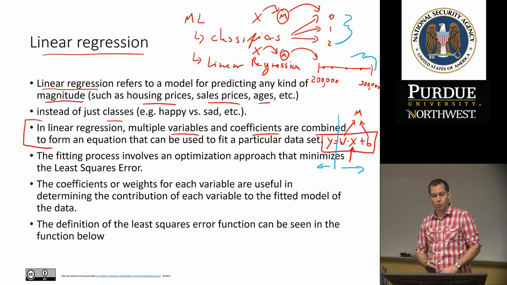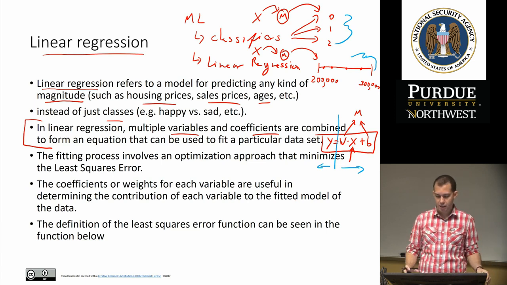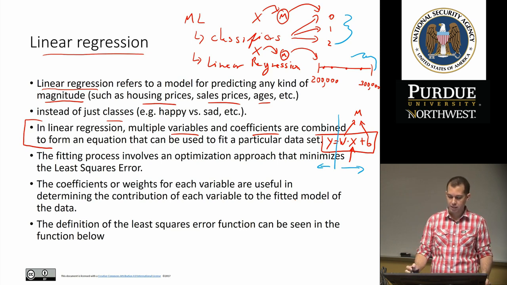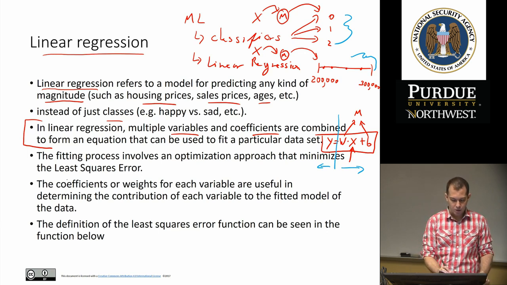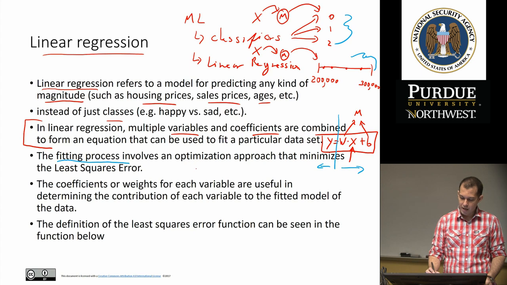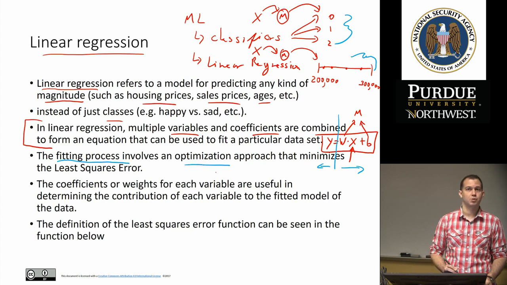Now, once you've designed the architecture that you want to build, which is basically the type of model, so in this case a linear regression model, the next step is you have to decide what's going to be the criteria to optimize that model. So that is called the fitting process, right? The fitting process. And this fitting process involves an optimization approach, right?